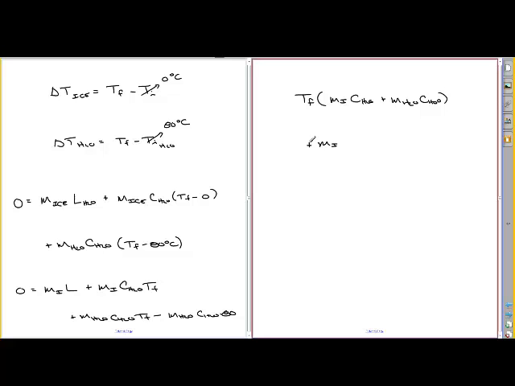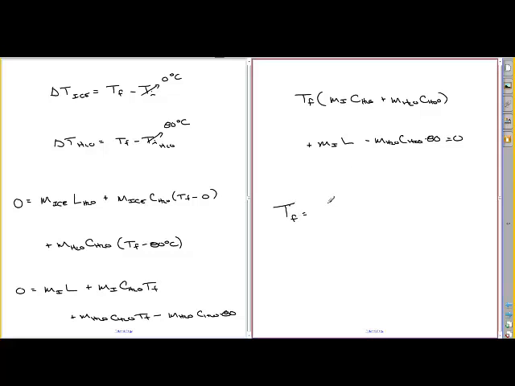And the other term, we have plus the mass of the ice times L minus the mass of the water times specific heat of water times 80. That equals 0.